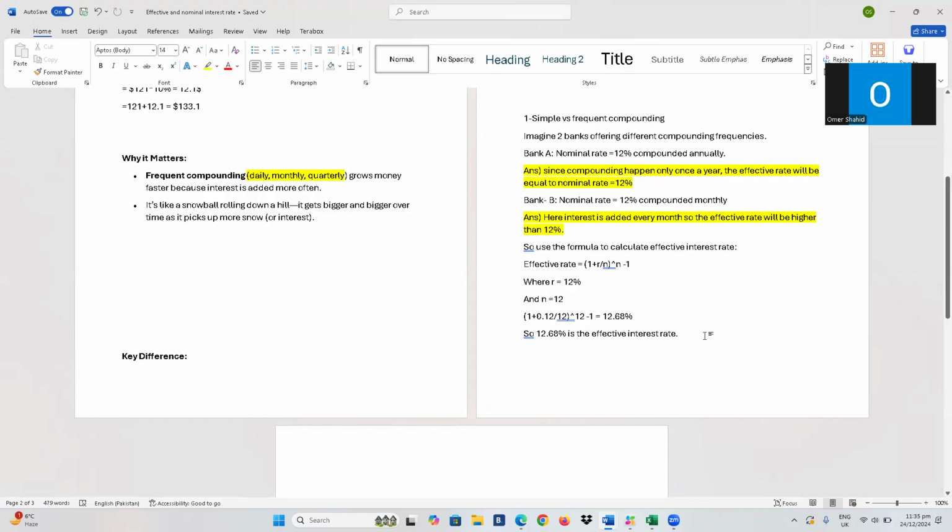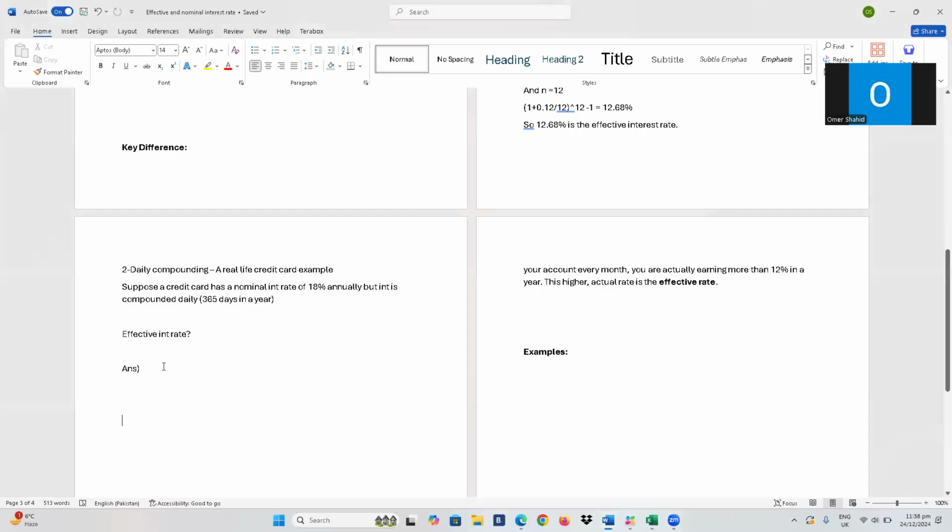Now let's move to our example number two. I hope you can see the highlighted portion on your screens. Example number two is daily compounding, a real life credit card example. Suppose a credit card has a nominal interest rate of 18% annually.